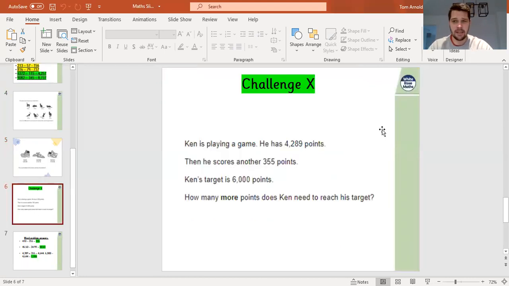And then finally, the challenge X is a multi-step word problem. You may have to also include a little bit of addition in there before you use your column subtraction. So pause that now, and your answers are about to come up on the next screen to finish off our maths lesson for today.